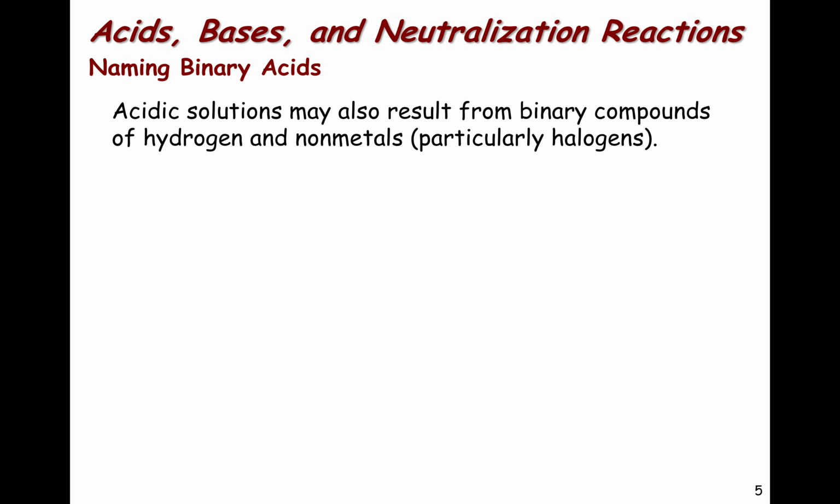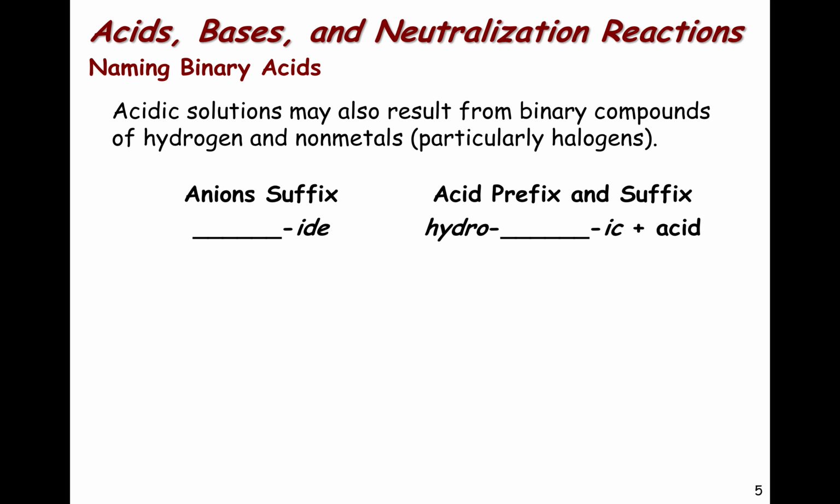If we have a binary acid, in other words, there's only a single atom in the anion, this is quite common for things like the halogens. The corresponding acids are named by replacing the suffix "ide" with the prefix hydro and then a suffix of "ic" and acid.